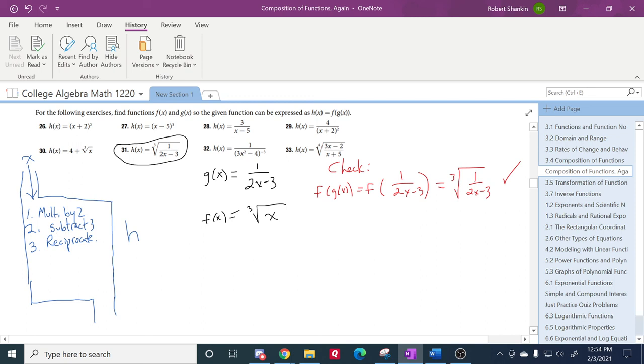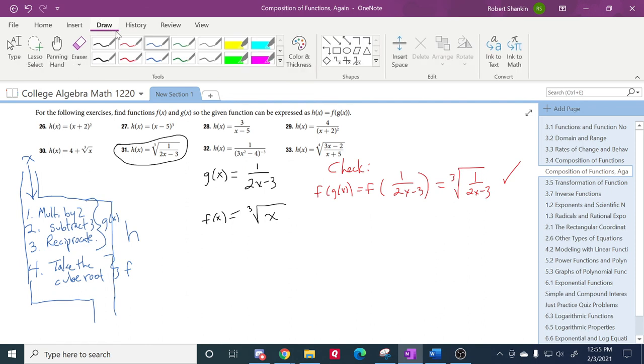And then all of that, we decided to have this be g. And then the last thing was take the cube root. And we'll call this f. And we could have broken it up into different places.